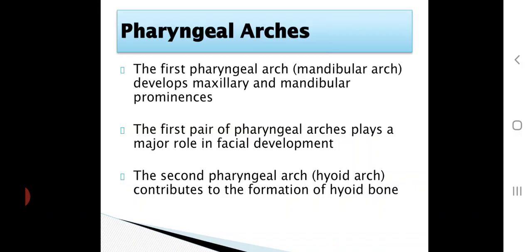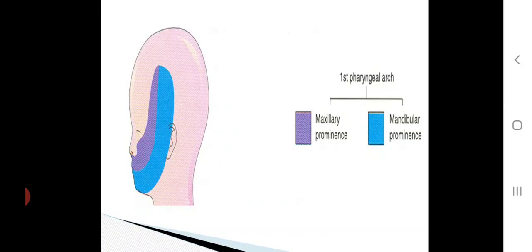It contributes mainly to the formation of the hyoid bone. So if the question is on the mandibular arch, you should write about the first pharyngeal arch. If it is the hyoid arch, you should write about the second pharyngeal arch. So this is the first pharyngeal arch, which contains two parts, maxillary and mandibular prominence.